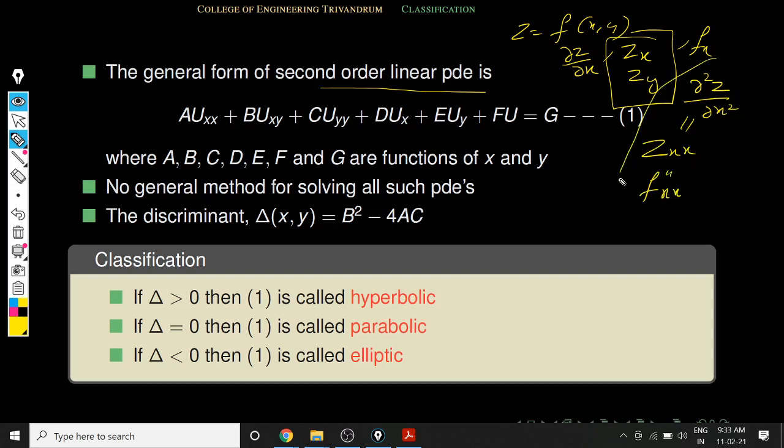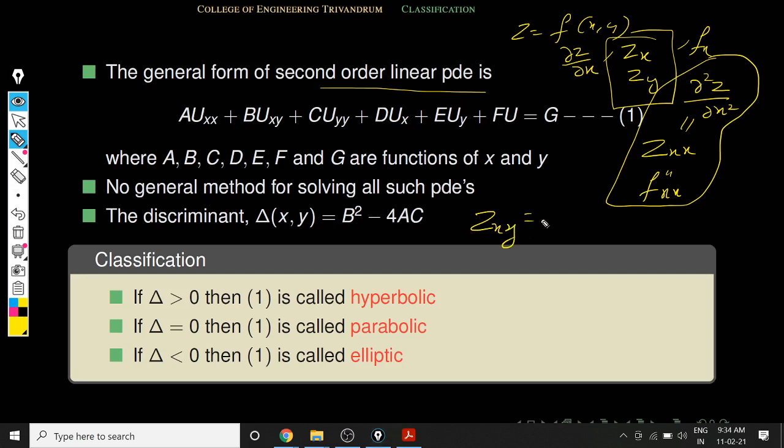All are notations of the same concept. The second order derivative ∂²z/∂x² means we have to differentiate z partially with respect to x two times. First we differentiate z with respect to x, then again we differentiate that derivative with respect to x, because the derivative is also a function of x. You got it? Similarly, we can define zxy.